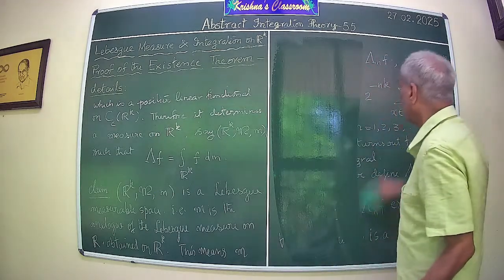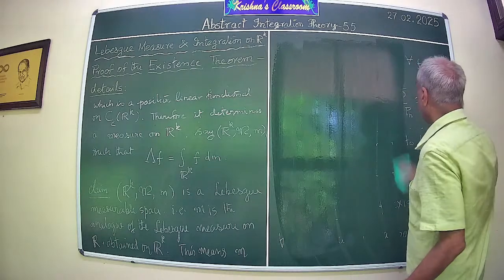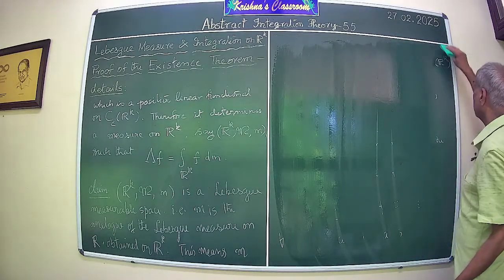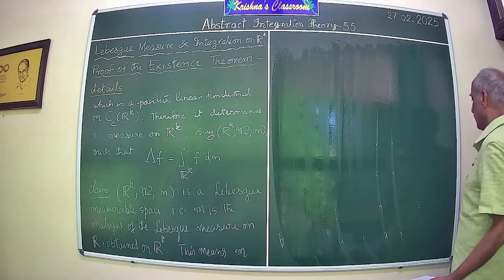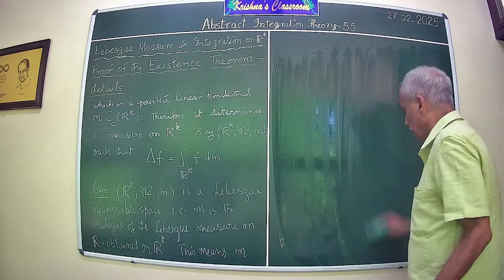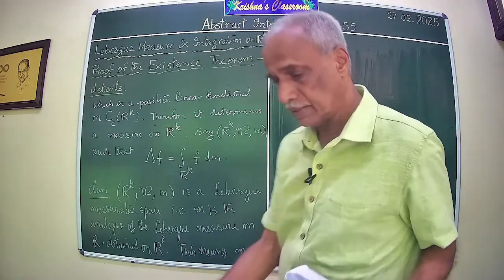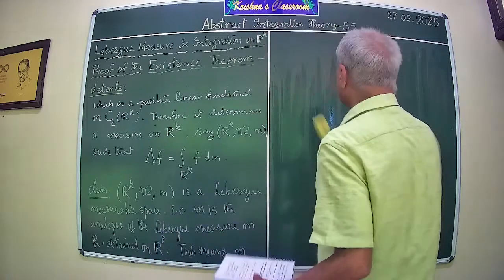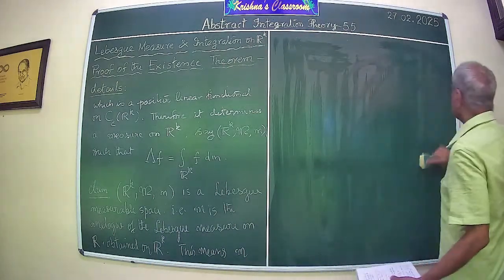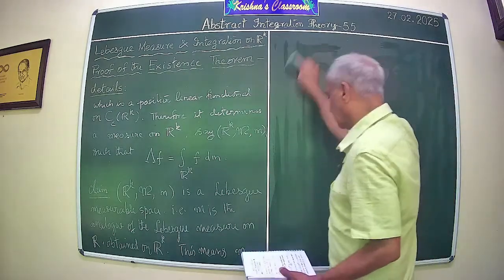It's not any positive measure, but a measure with certain specific properties, which is the characteristic feature of Lebesgue measure on R^k. Okay, so let us explore that.